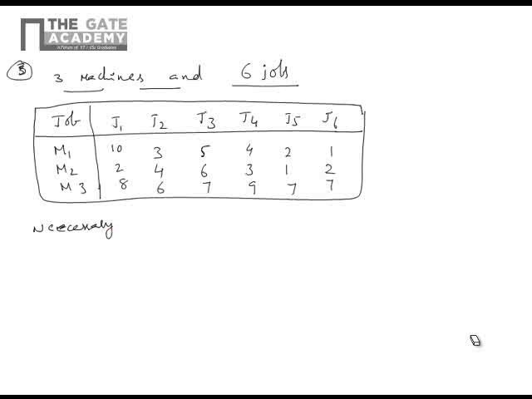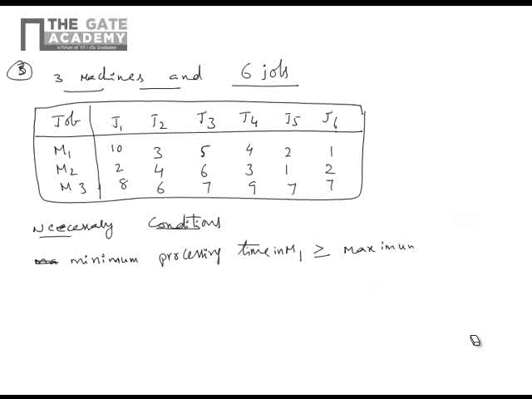The minimum processing time in machine 1 is greater than or equal to the maximum processing time in machine 2.